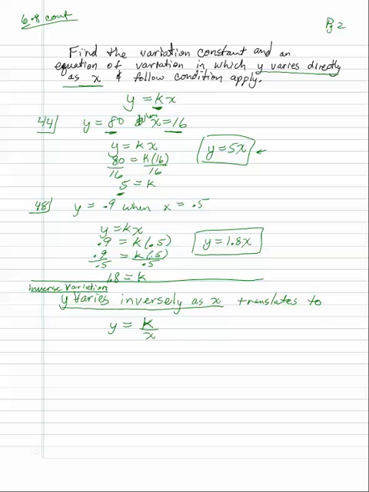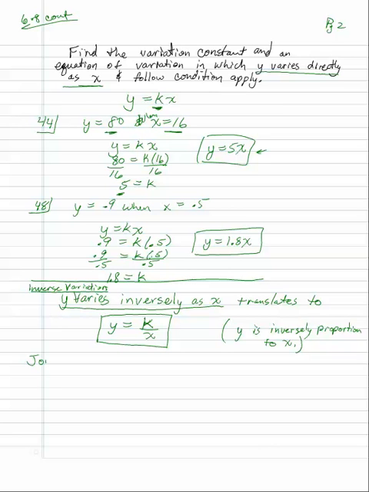So it's exactly the same thing, but you use y equals k over x for your equation. And the alternate form would be y is inversely proportional to x. Okay, so that means the same thing as y varies inversely.